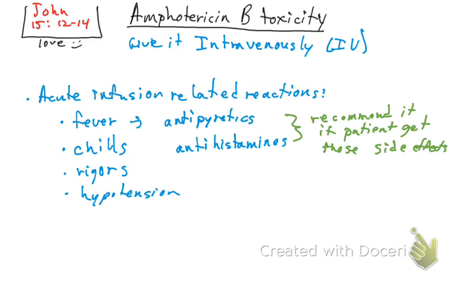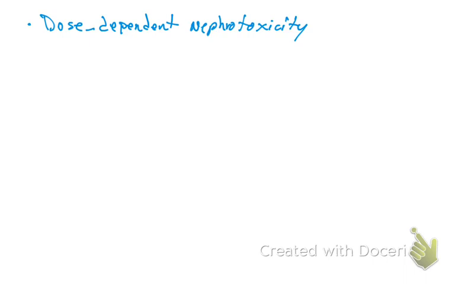Now the other one is called dose dependent nephrotoxicity. This can result from a drug induced decrease in the glomerular filtration rate, GFR. So your glomerular filtration rate can decrease. The permanent loss of renal function is thought to be related to the cumulative total dose.